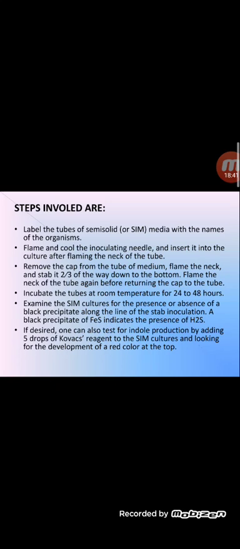Indole production is checked by simply adding 5 drops of Kovacs reagent. If red color is developed, it indicates the presence of indole production. And for motility determination, the medium will become cloudy or diffused.